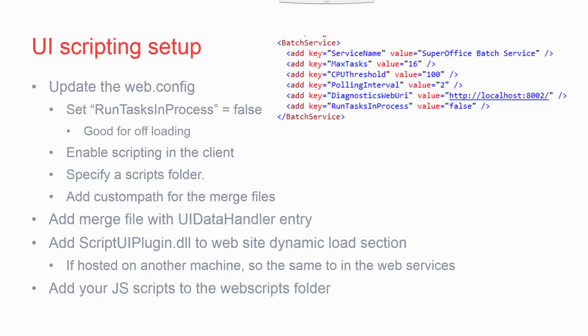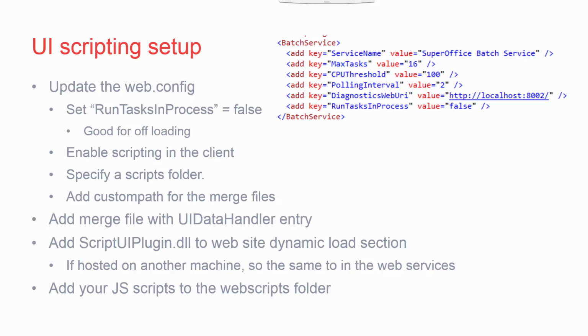Finally, the configuration, we had to update the configuration file for batch tasks. All we had to do is set run task and process to false. This is actually a good thing because it offloads a lot of the tasks that might take a long time to happen and doesn't wear down your web application process for things like checking users' email to see if there's new emails, writing reports, publishing reports, things like that.